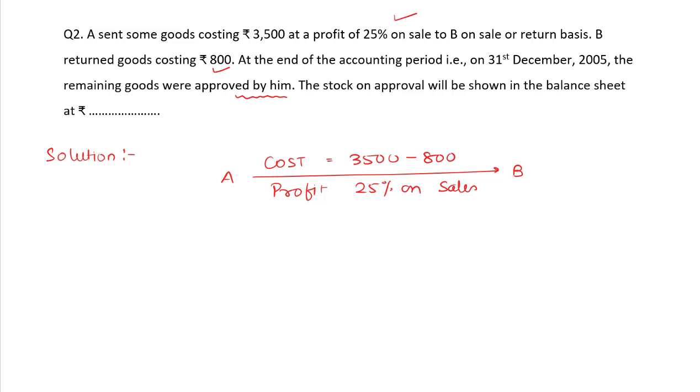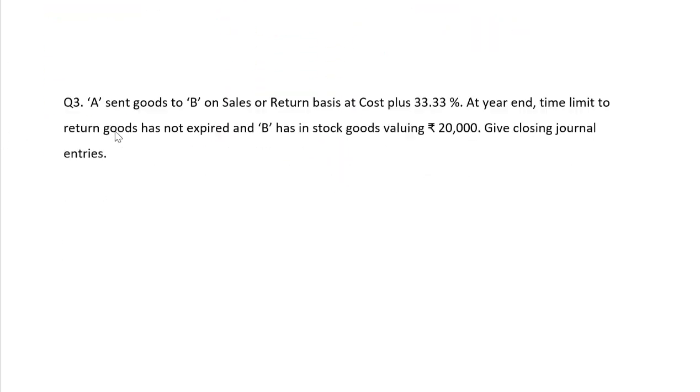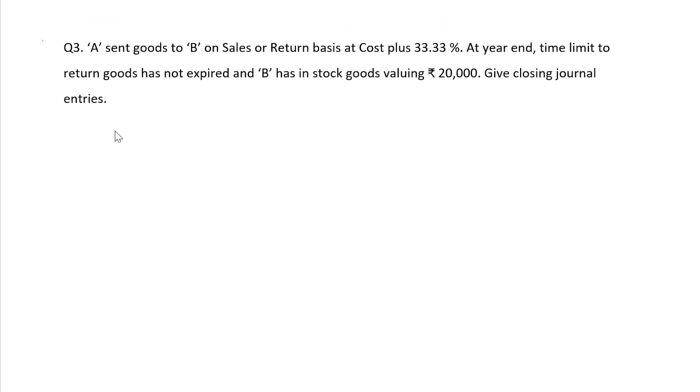The stock on approval will be shown in the balance sheet. So it is 3,500 minus 800, which is 2,700. The cost is given over here. This is also cost. So 3,500 is cost. So total 2,700.